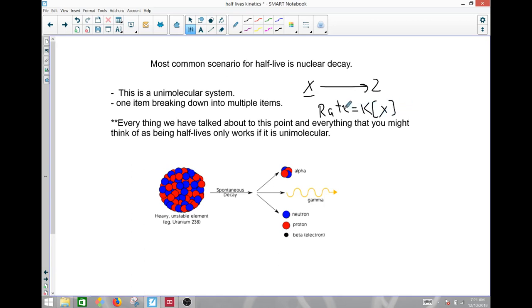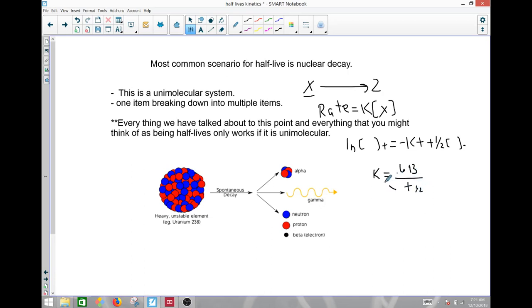That's the rate law for this particular substance, which follows all the standard first order rules. So natural log of the concentration at time t equals negative kt plus the natural log of the concentration at time 0, and of course the k value equals 0.693 over t1/2.